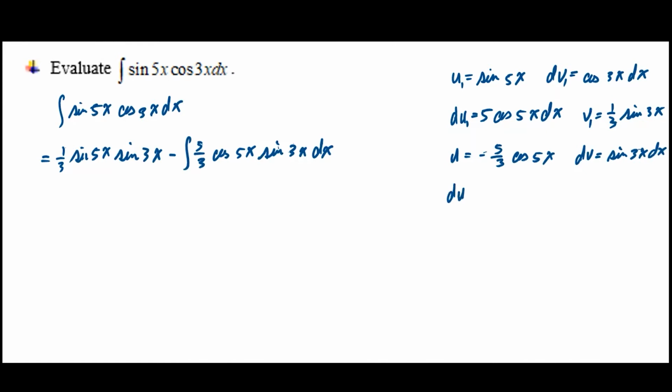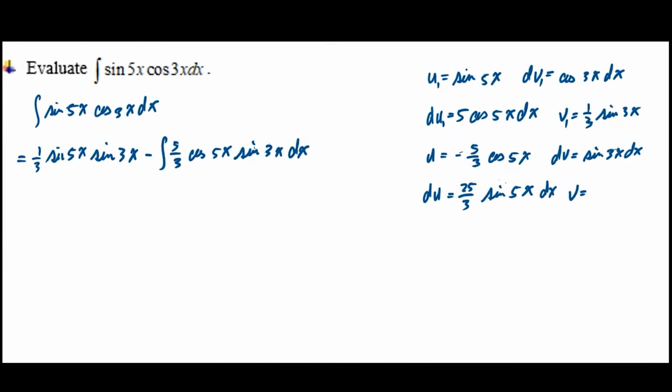So du now is, this becomes positive, and sine 5x chain rule, so 25/3 dx, and v becomes cosine 3x negative 1/3. Are you with me? Anybody confused over this?